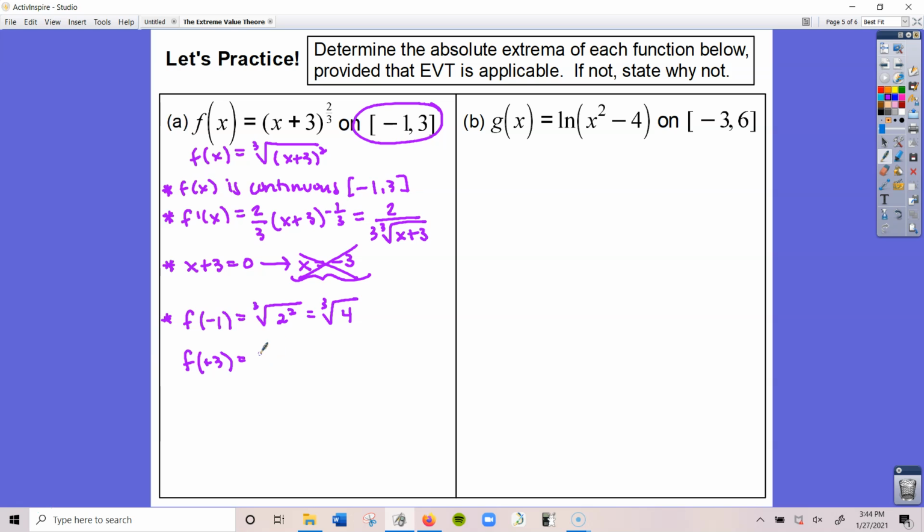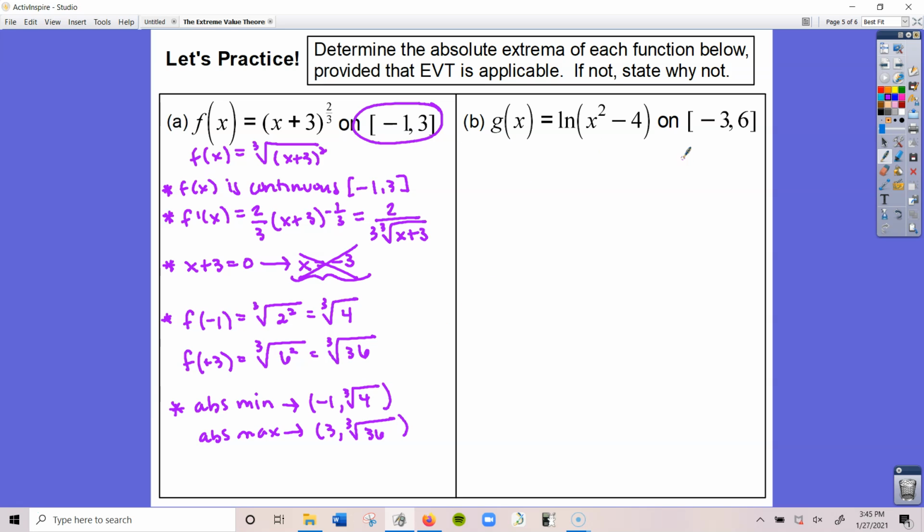When we plug in 3, that's the cube root of 3 plus 3, so 6 squared, which is equal to the cube root of 36. So my absolute minimum would be at negative 1, cube root of 4, and my absolute maximum would be at 3, cube root of 36.